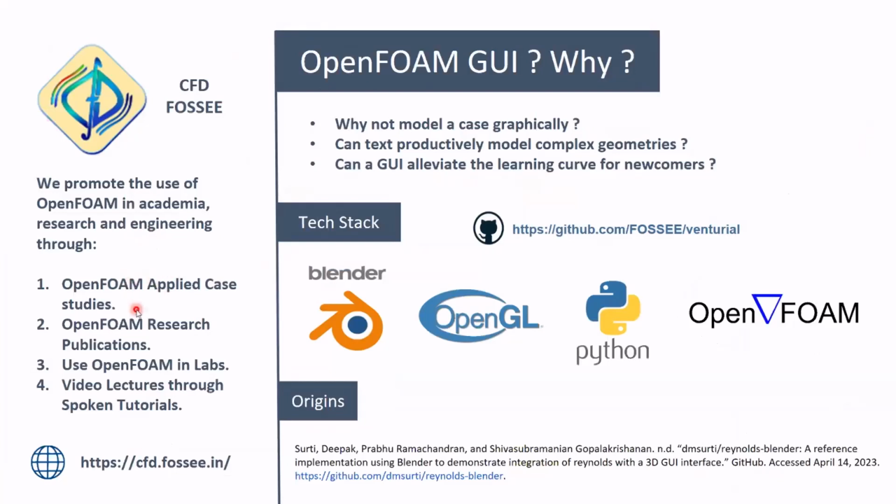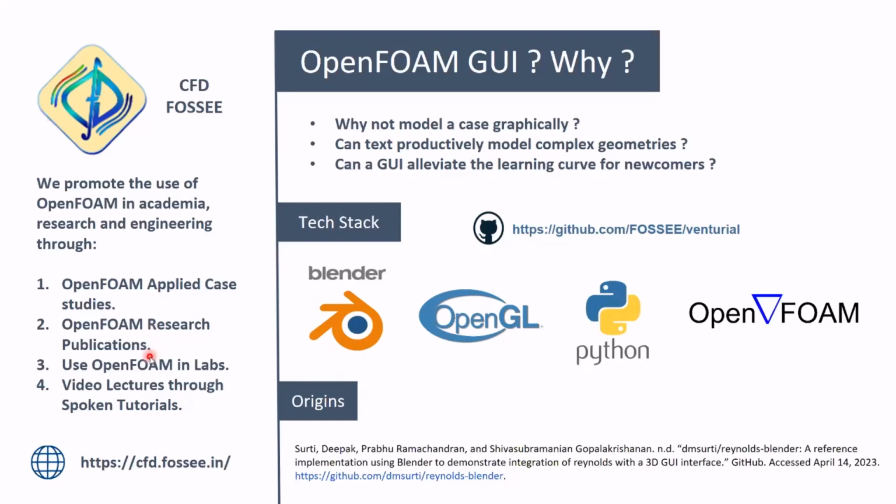A lot of people here at the Indian Institute of Technology, Bombay, utilize OpenFOAM for their research. So we thought, why not make it a little bit more convenient, have a graphical user interface? Why utilize text when you can do a lot of stuff graphically and not have some mundane task lower your productivity?